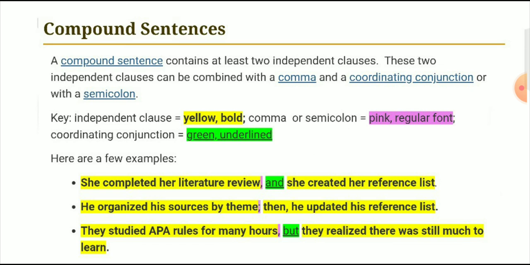Then we are using a comma because it is a compound sentence. Then you can use and. She created her reference list. Full stop. He organized his scores by theme. Semicolon. Then, comma, he updated his reference list. Full stop. They studied APA rules for many hours, comma, but they realized there was still much to learn.